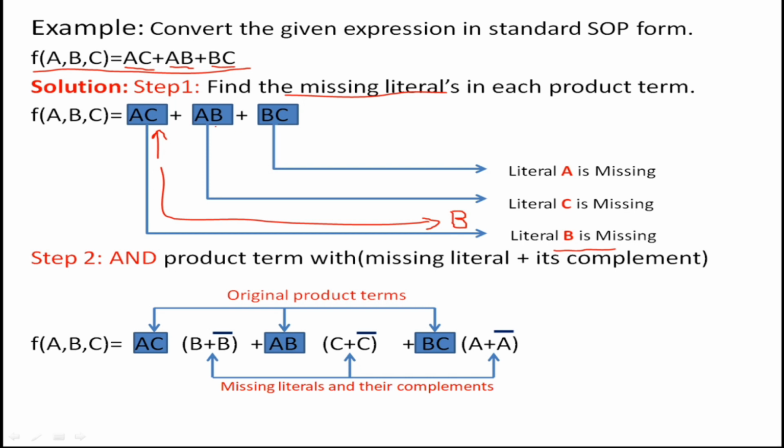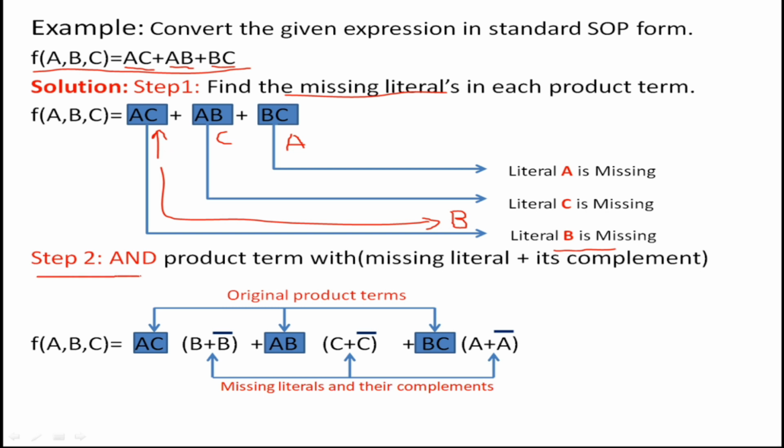In the second product term, AB, the literal C is missing. And in the third product term, BC, the literal A is missing. So first we need to identify the literals that are missing in each product term of the given expression.